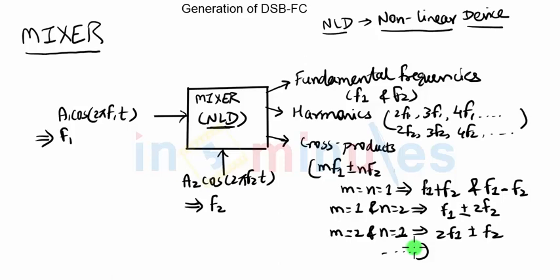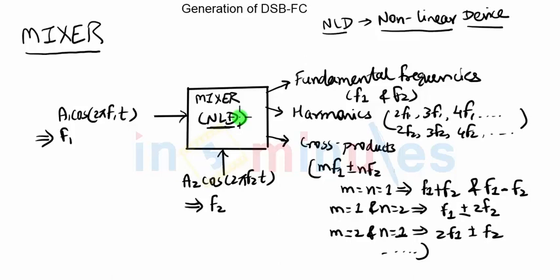But some major components with considerably high amplitude will be the fundamental frequencies, few of the initial harmonics, maybe second and third harmonic, and few of the initial cross products, which are f1 plus f2, f1 minus f2. So these are the frequencies that will be present with high amplitude, and the remaining frequency components will have decaying amplitudes. But yes, that will again depend upon the nature of the nonlinear device. But I can make that statement for most of the practical nonlinear devices. So that's how mixer operates.